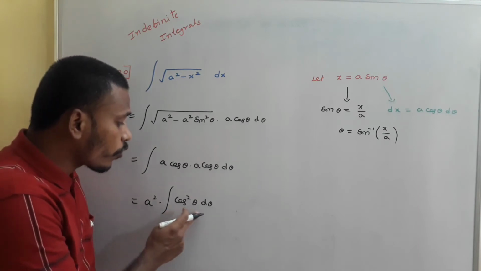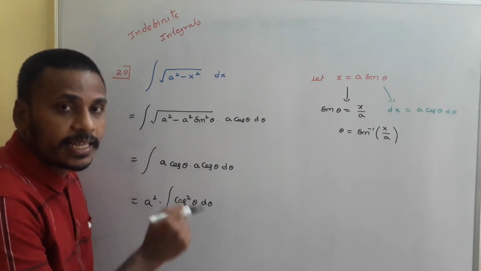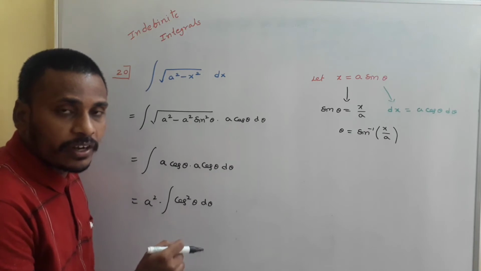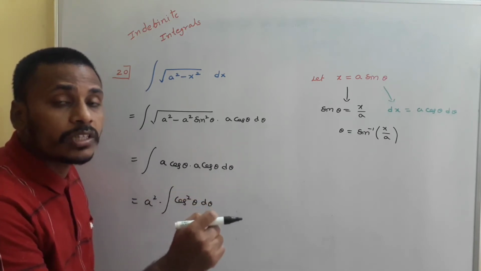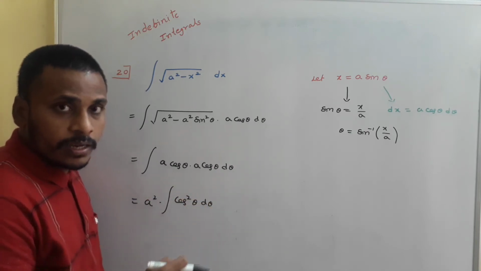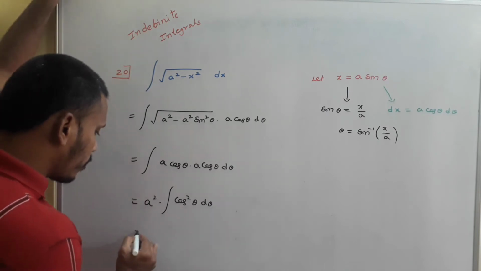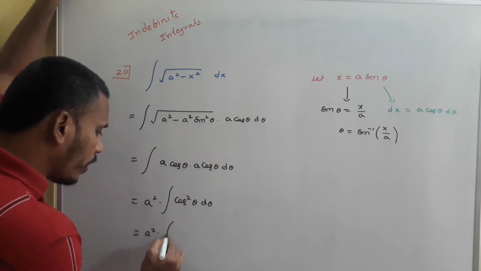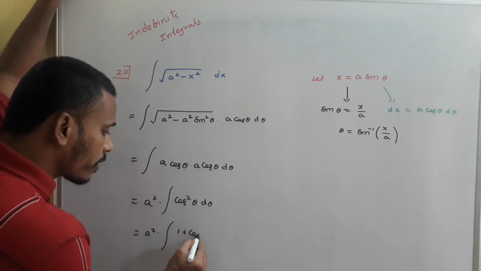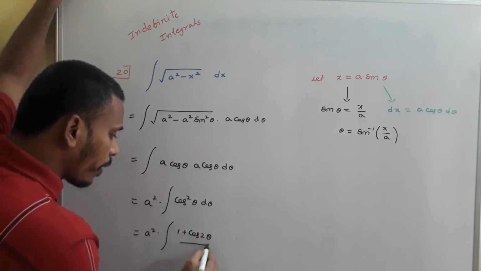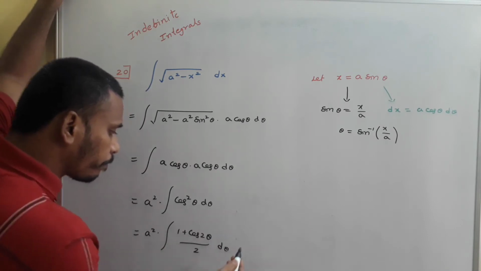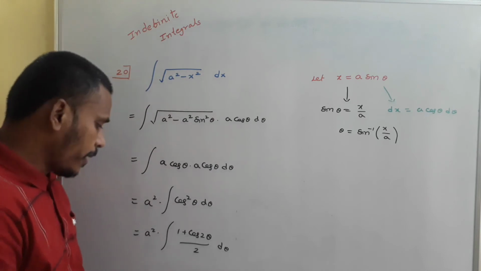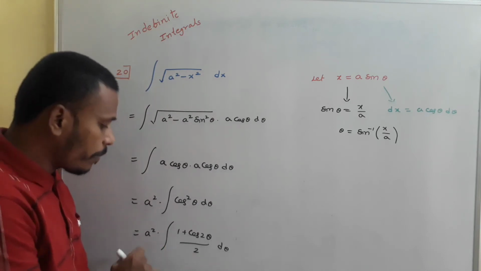So that's why you just rewrite this cos square theta, using a trigonometric result, as 1 plus cos 2 theta by 2. Okay, clear? So this is equal to a square into the integral of 1 plus cos 2 theta by 2 d theta.